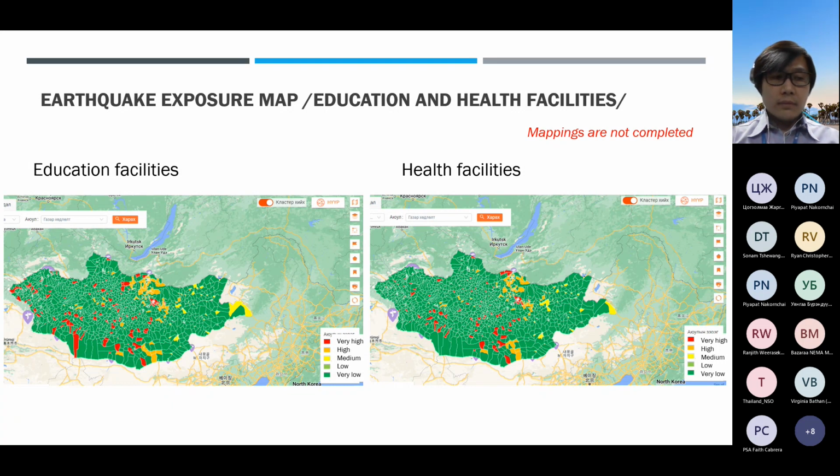The green color may change due to the location of the health and education facilities. I mean, some green areas may not have such facilities, or they may have a different level of exposure. This will be changed soon, I hope. We are still working on it.